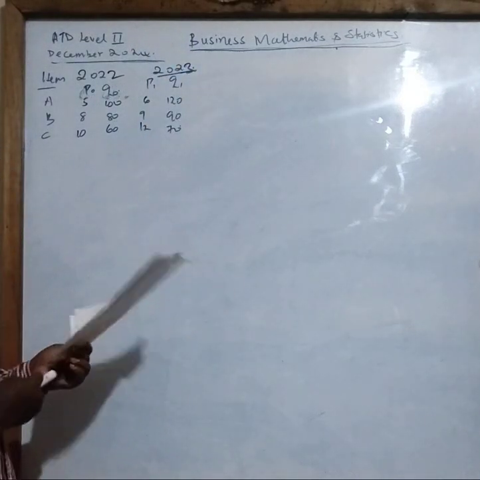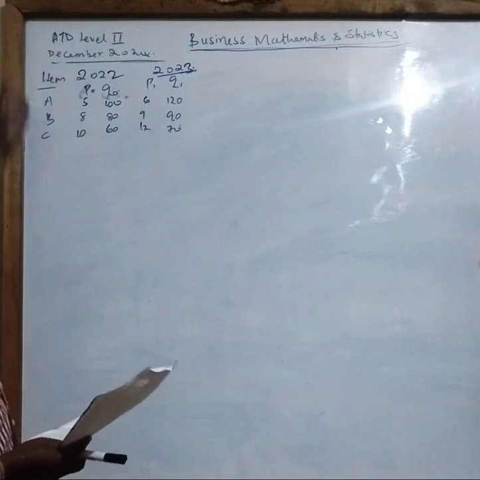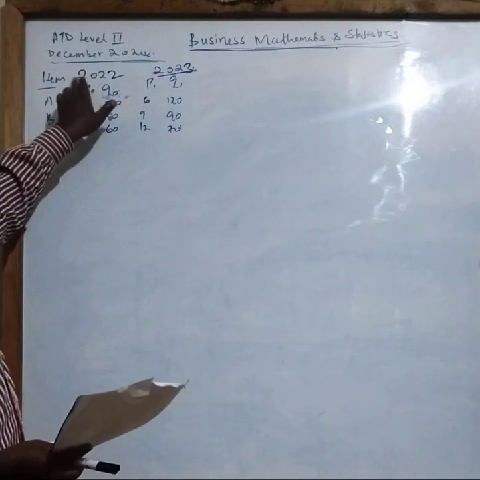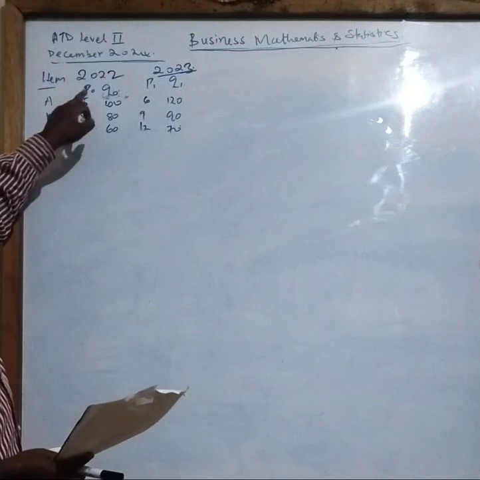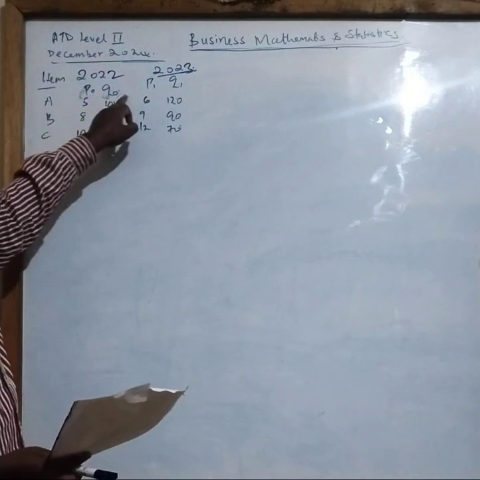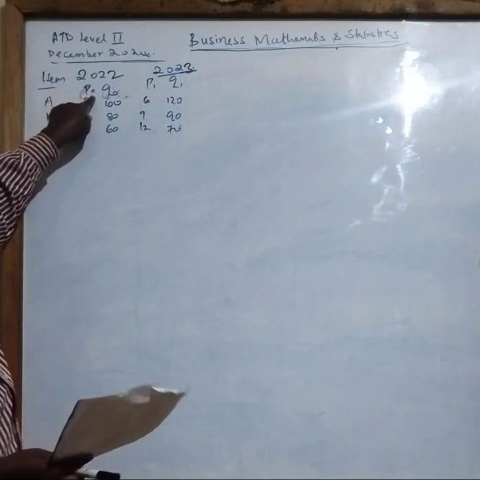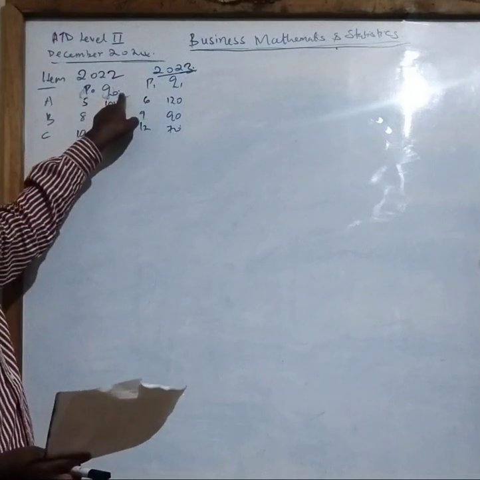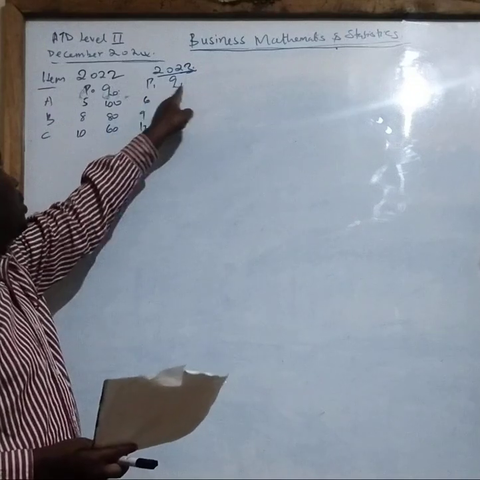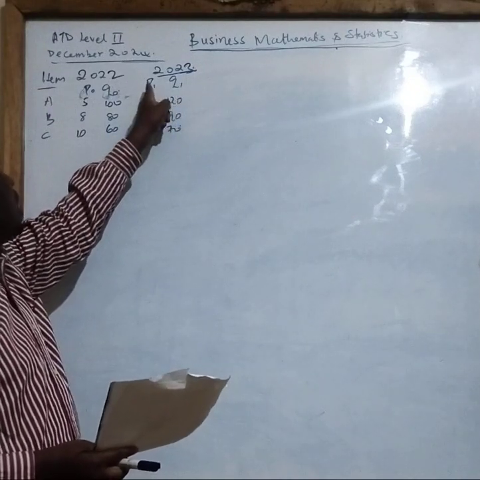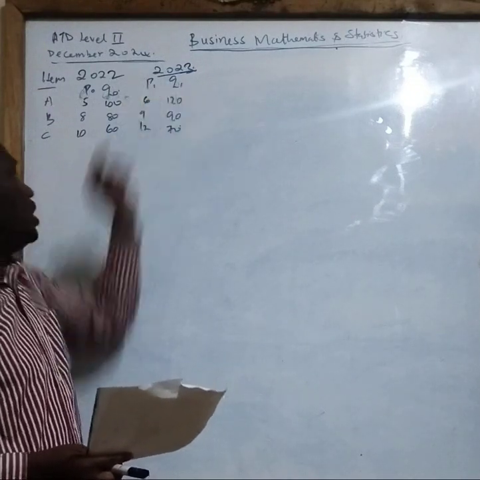Now, from this question, you can see we have been given 3 items here. In year 2022, we have price P0 and quantity Q0. This one here stands for the base price and this is the base quantity. P1 and Q1 stand for current price and current quantity.